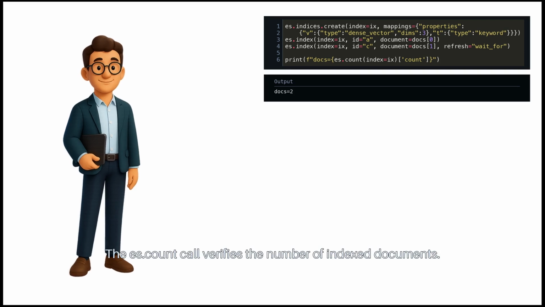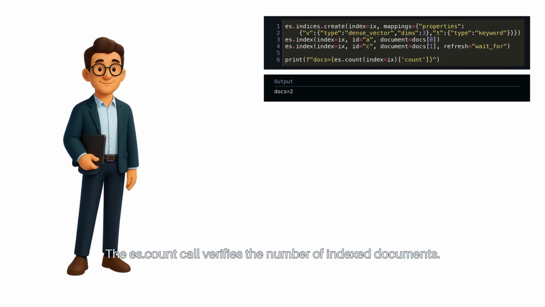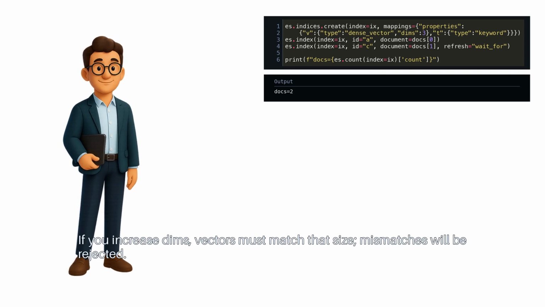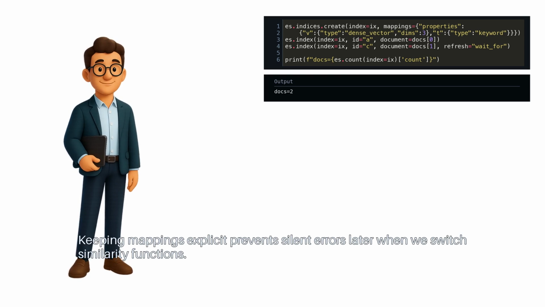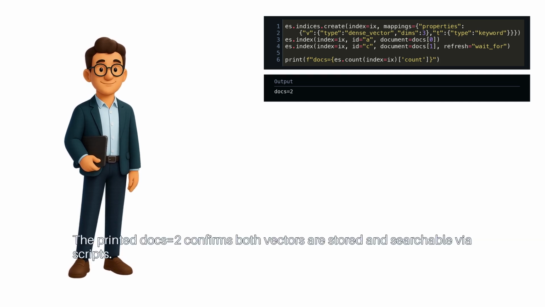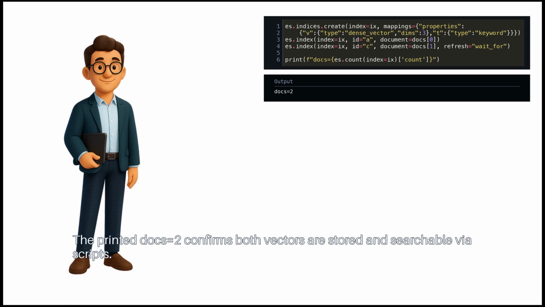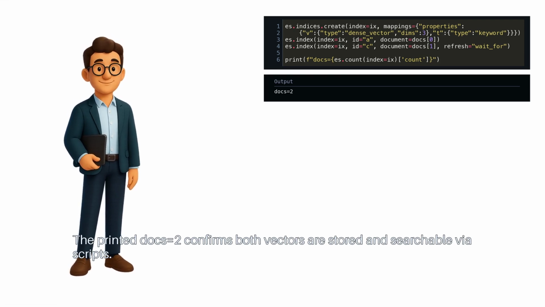The es.count call verifies the number of indexed documents. If you increase dims, vectors must match that size. Mismatches will be rejected. Keeping mappings explicit prevents silent errors later when we switch similarity functions. The printed docs equals 2 confirms both vectors are stored and searchable via scripts.